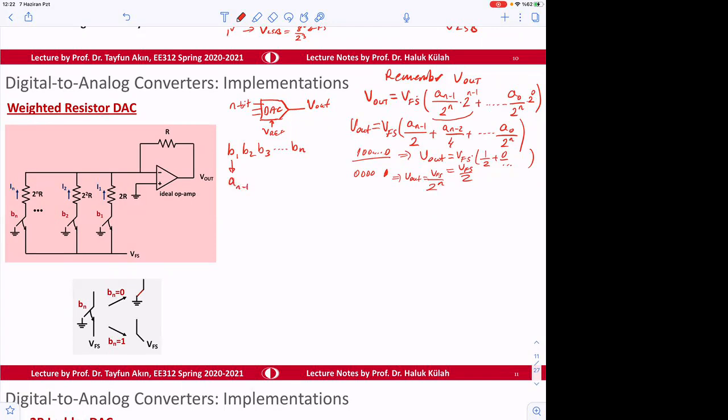Okay, and then the Bn means A0. So this is the most significant bit, and then this is the least significant bit for this case.